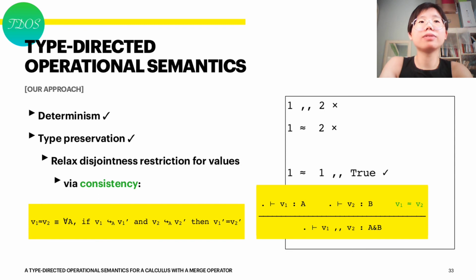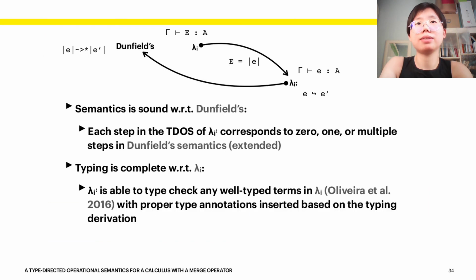Now we have the two wanted properties. Let's relate our system with other calculi by two theorems. Firstly, compared with the semantics of Dunfield, our operational semantics is proved to be sound, with some minor extension to Dunfield's semantics.